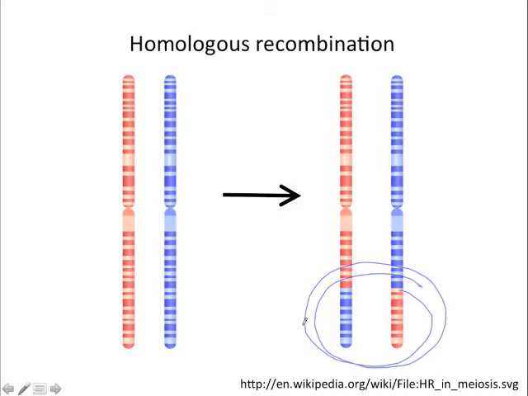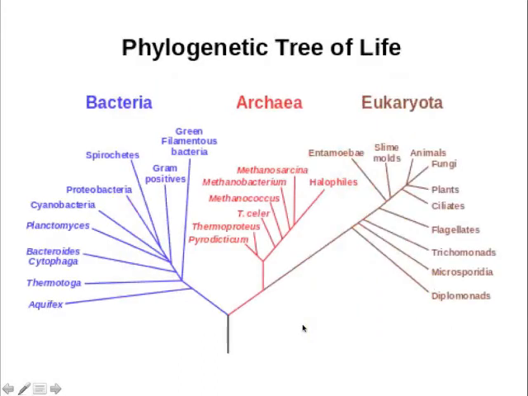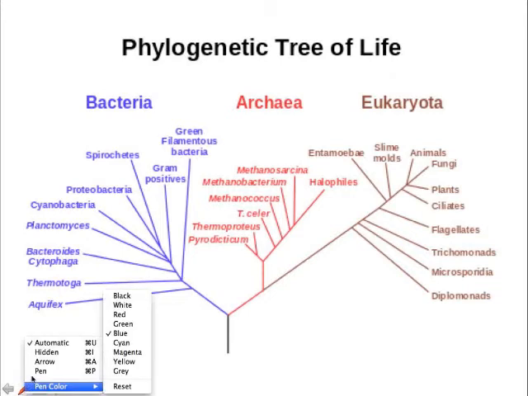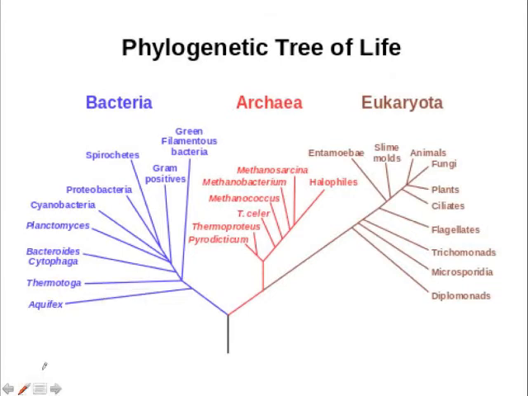So those are examples of some types of things that can happen to change your DNA sequence, and that change allows evolution to occur. And so we might be interested in a phylogenetic tree to figure out what happened in terms of the DNA sequences. How are the DNA sequences related?